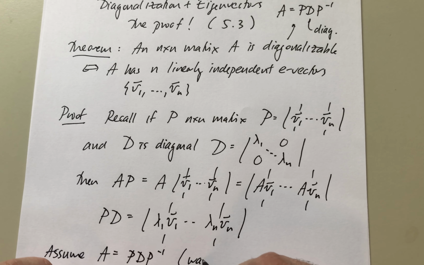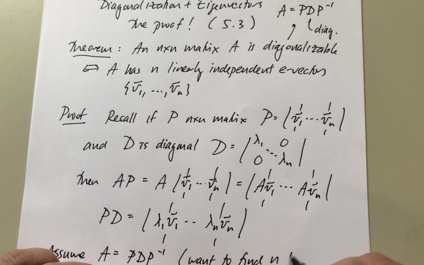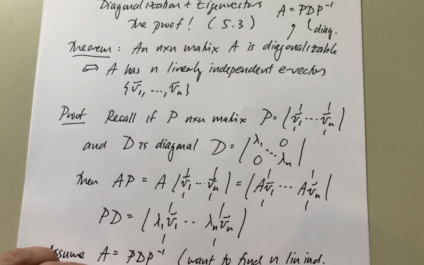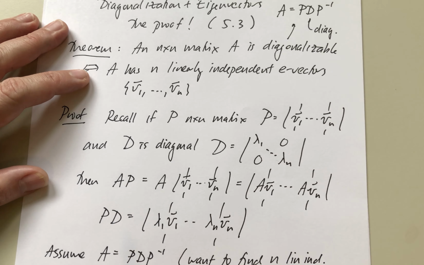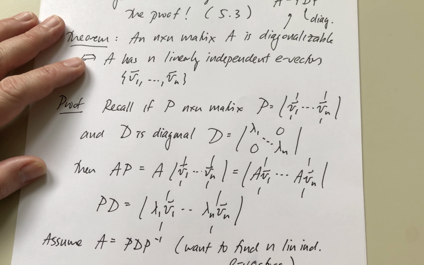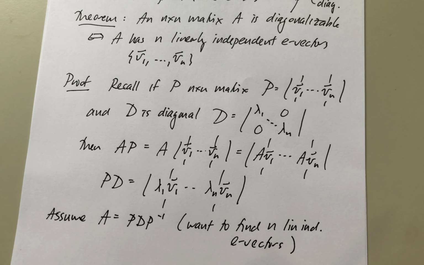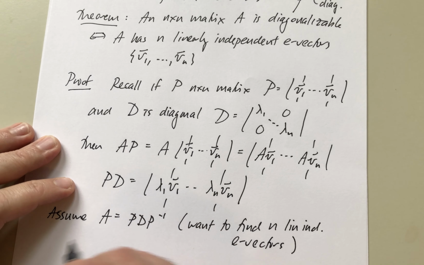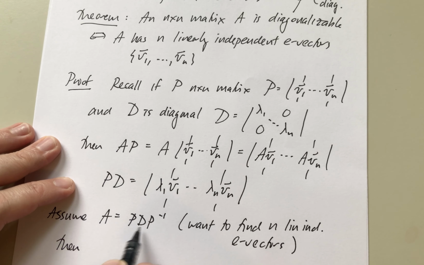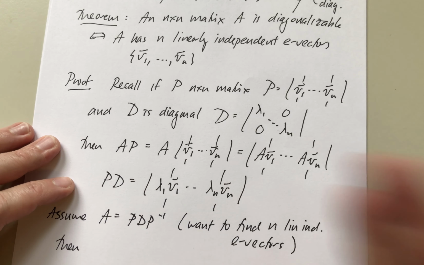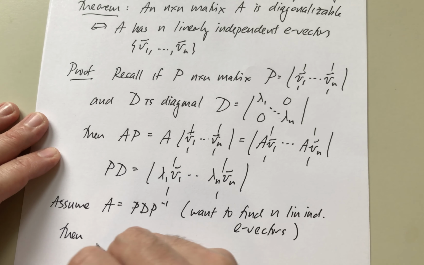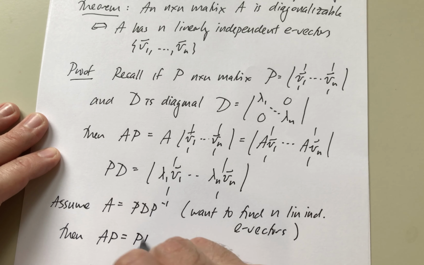Well, if A equals P D P inverse, I can multiply on the right by P, and I get AP equals PD.